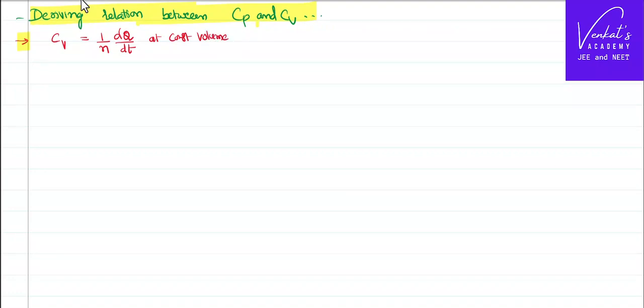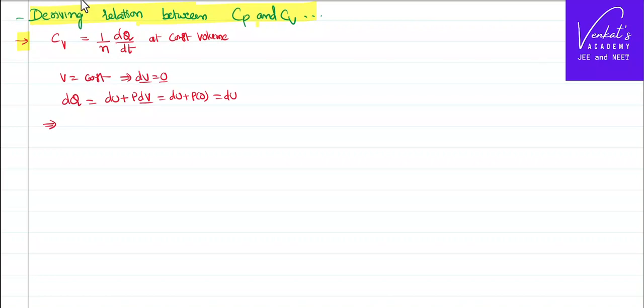As we keep the volume constant, change in the volume is equal to 0. But we know as per the first law of thermodynamics, dq equal to du plus dw. The dw can be written like pdv. This dv is change in volume, that is equal to 0. So du plus pdv is 0, so that is equal to du.